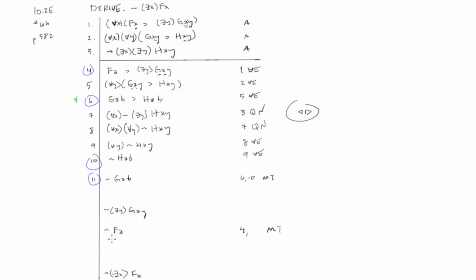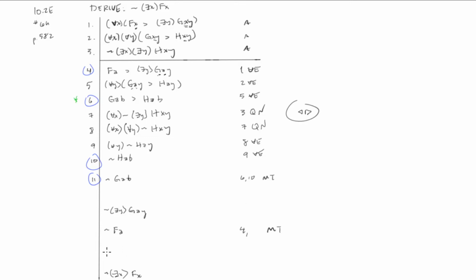Again, everything I just said about existential introduction as a way to get from here to our target sentence, I could have said the exact same thing about the move from tilde GAB to tilde there's a Y GAY. So I'll save my breath and your time by not repeating it.